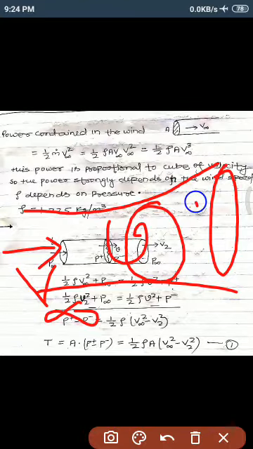When it comes to the turbine, the velocity reduces to small b, and when this wind gets exhausted from this system, in this region the velocity becomes v2.